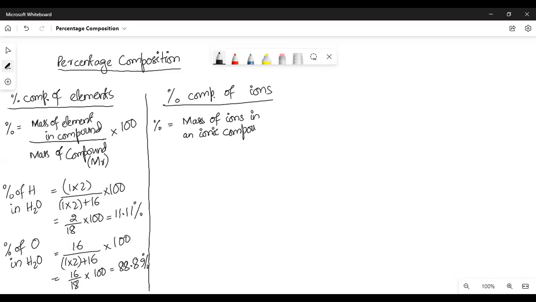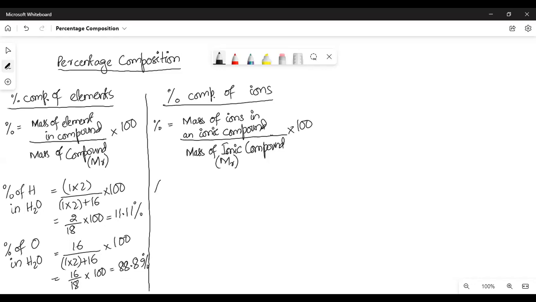So percentage of ions in an ionic compound over mass of ionic compound, which is really MR. It is going to be MR every time we talk about the denominator. So this is going to be MR again.